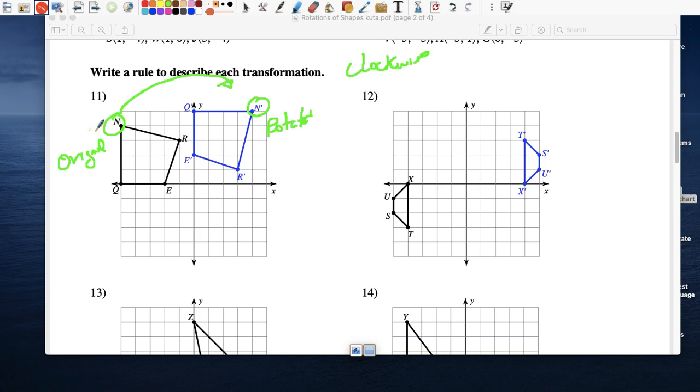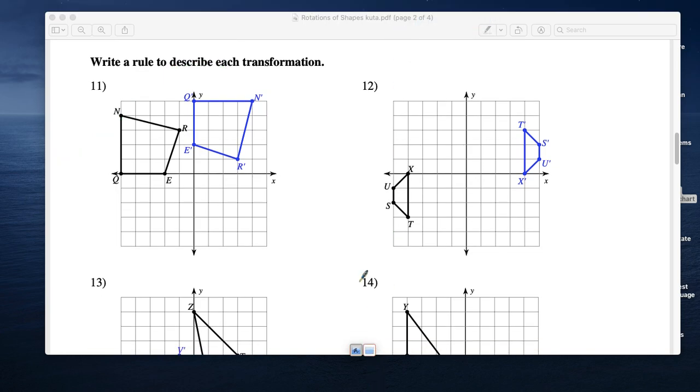And notice that N went from quadrant 3 to quadrant 1, so it shifted over one quadrant, so it's a 90-degree rotation. So clockwise, 90 degrees, and everybody also followed the same rule. Everybody went clockwise, 90 degrees. So it's the same thing for everyone.